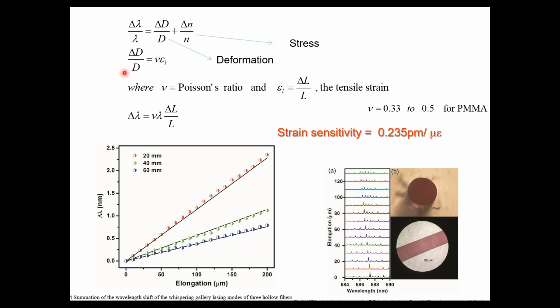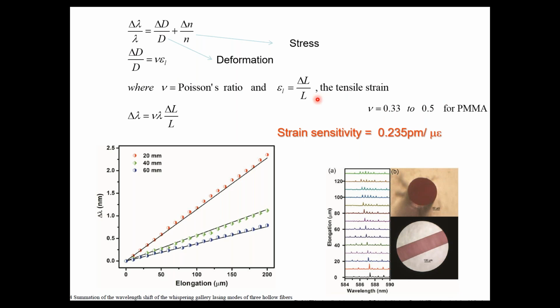And the shift in the wavelength in this particular case can be due to a change in the diameter of the fiber, or it can be a change in the refractive index. But there is not much change in the refractive index compared to a change in the diameter. So the change in diameter can be expressed in terms of the Poisson's ratio and the tensile strain.